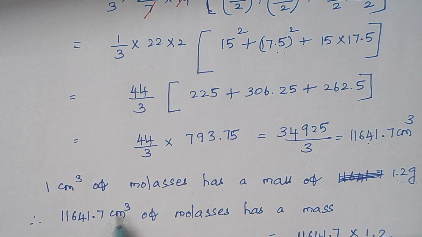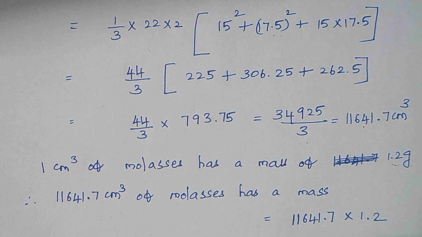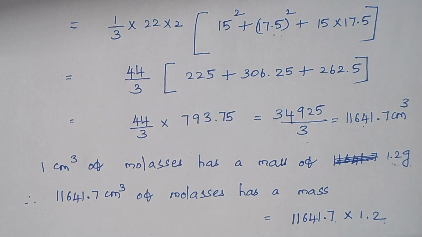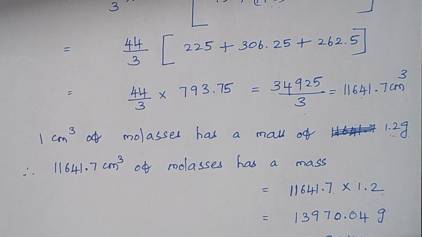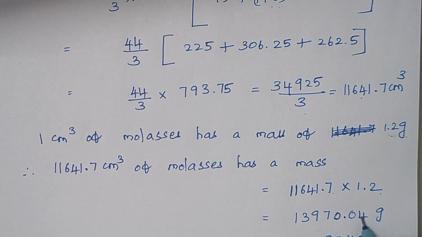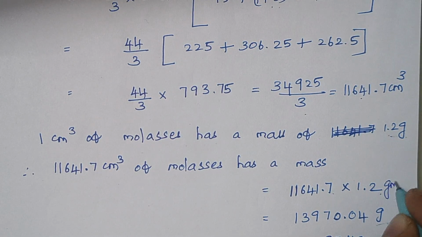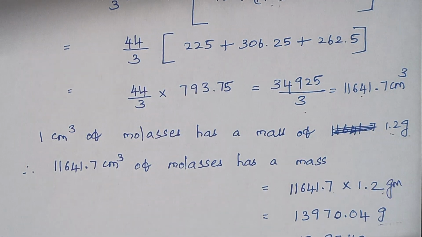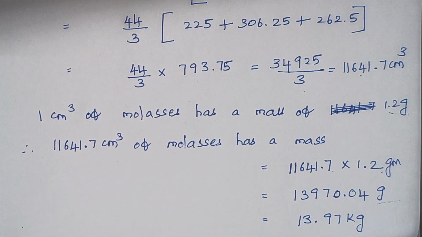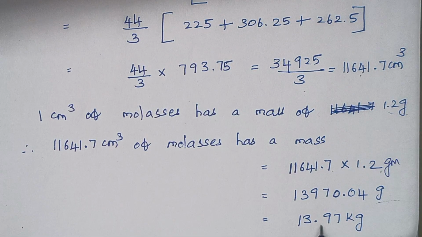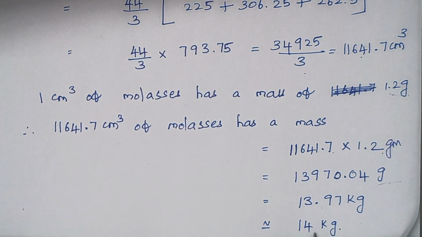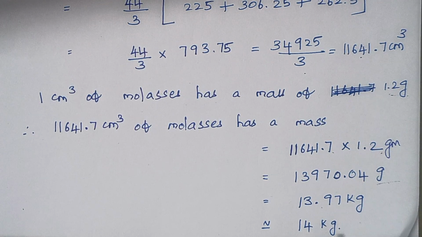Just you have to multiply. So when you multiply 11641.7 into 1.2, here we get the answer as 1397.04 gram. Okay, this is in gram because here it is 1.2 gram. So when I want to convert this gram to kg, I have to divide this by 1000. Therefore, here it is 13.97 kg, or simply 14, approximately it is 14 kg.